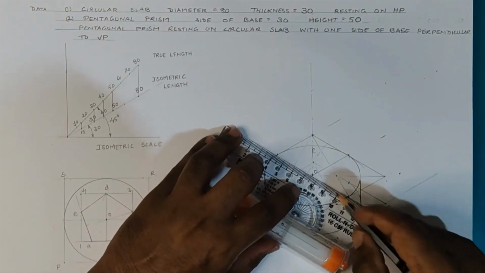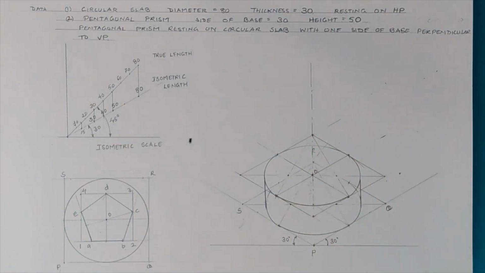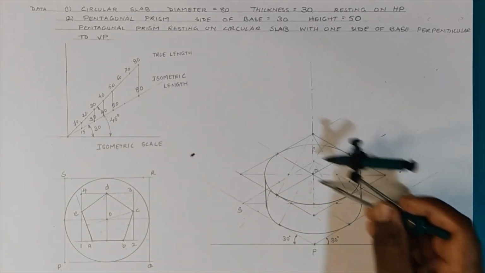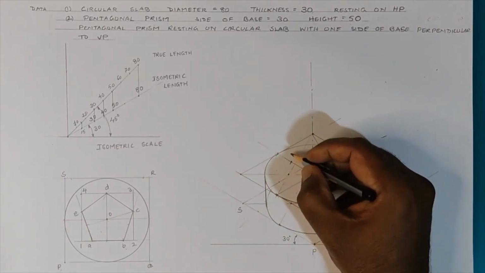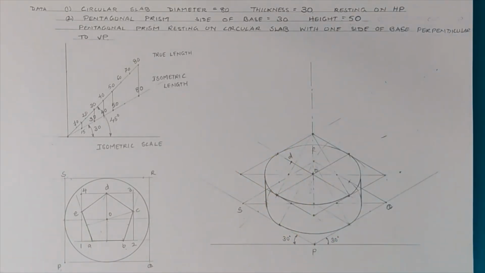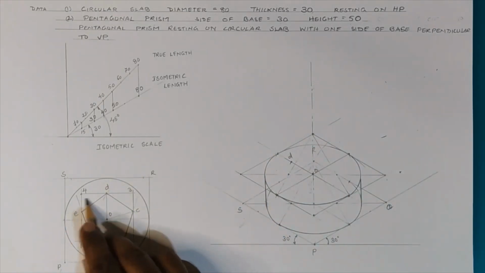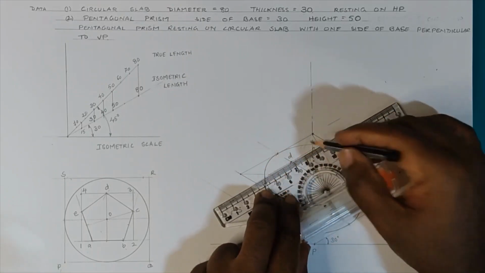So these are the isometric lines I am drawing, lines inclined at 30 degrees to the horizontal. On it I take the distance from center to point D, which is located on the perpendicular to PQ.